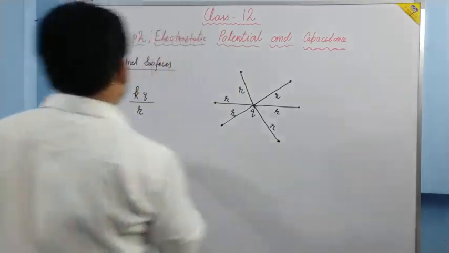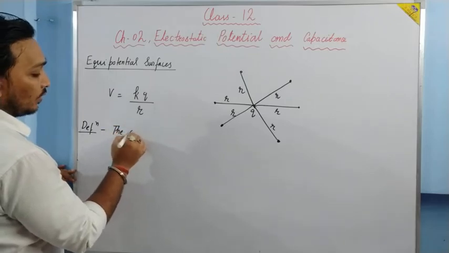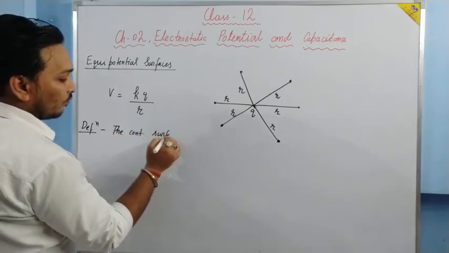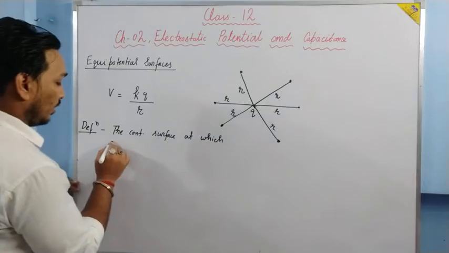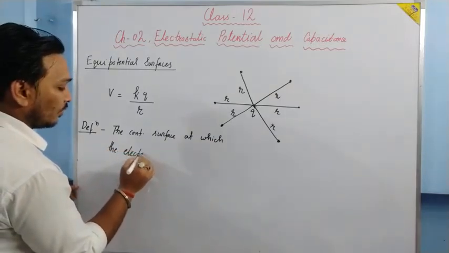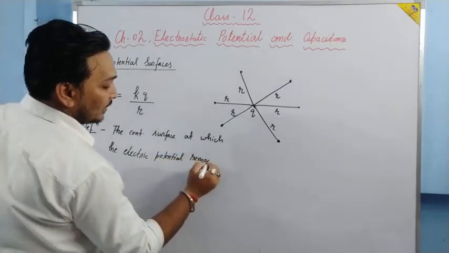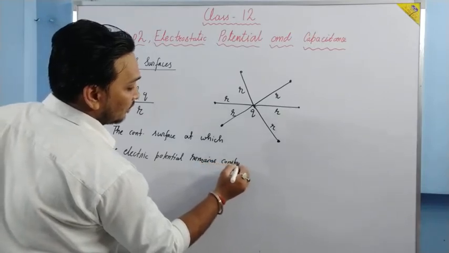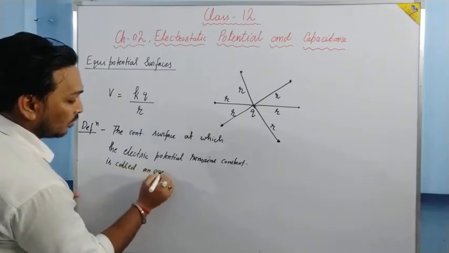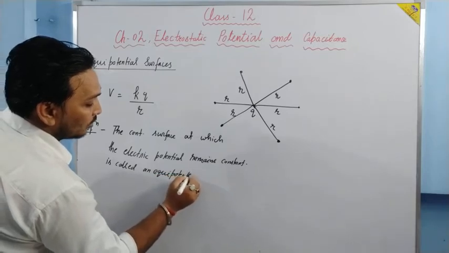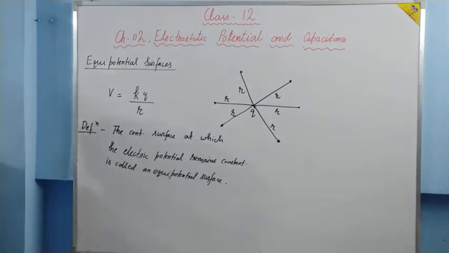It is a surface, definition: the continuous surface at which the electric potential remains constant is called an equipotential surface, right?